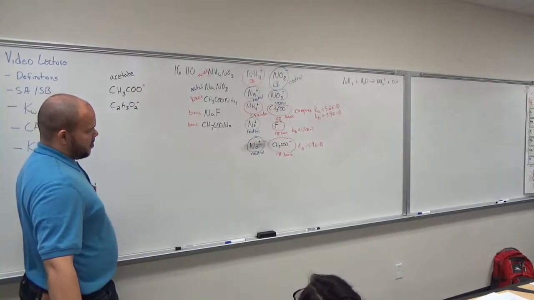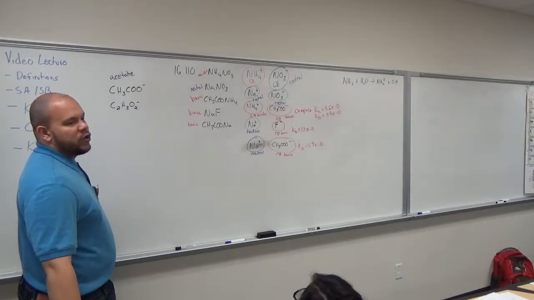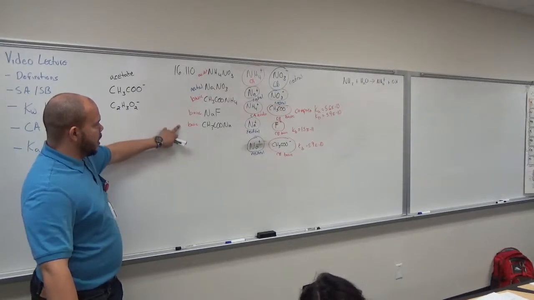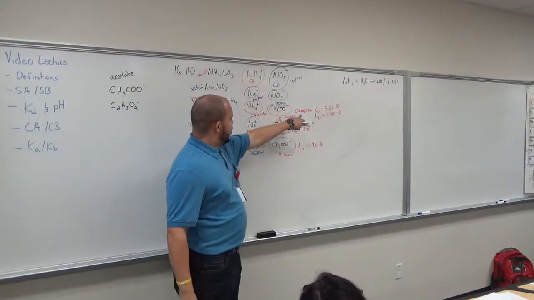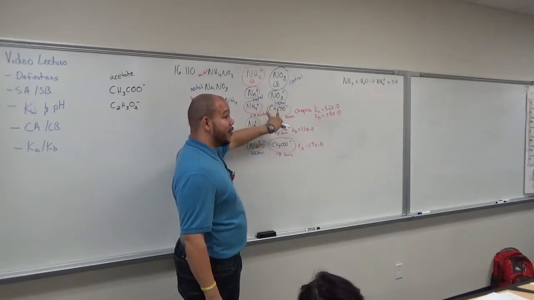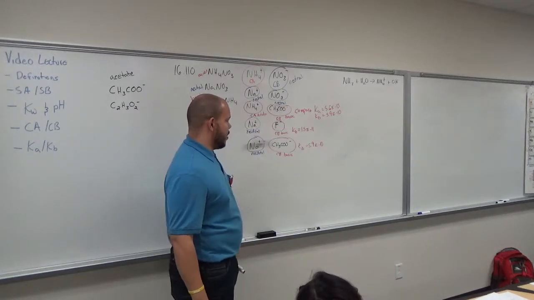Increasing acidity. Okay, so we need to know which one is the most basic. Out of these three, we have one salt that is acidic and basic together, and two salts that are neutral and basic.